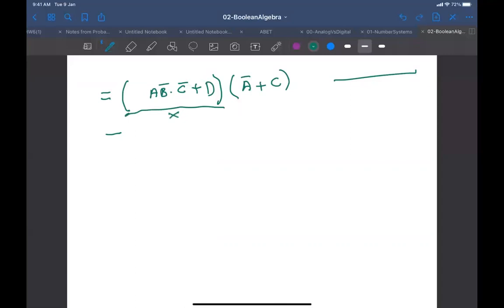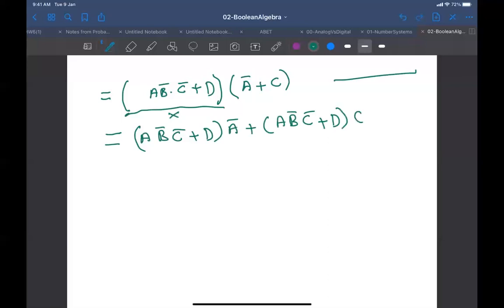So this will become A, B complement, C complement, ORed with D, into A complement, ORed with A, B complement, C complement, ORed with D into C, right? This is using distributive law.